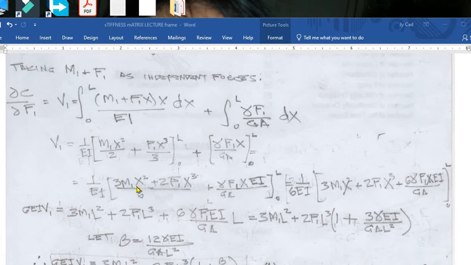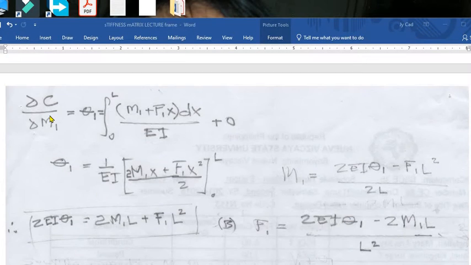So, kanina, since this is partial derivatives, ito yung ginawa natin kanina, you have delta C with respect to F1. Ngayon naman, kukunin natin yung derivative of C with respect to M1. Ito na yun. Okay?